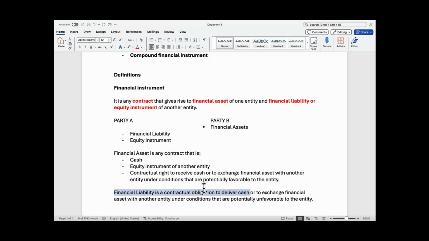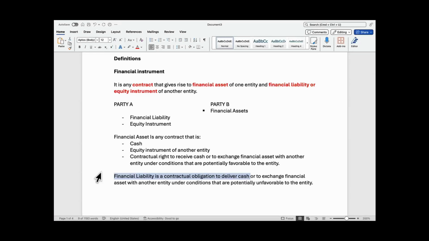And like I told you, this financial liability will arise anytime an entity issues a debt instrument. You automatically have financial liability when you issue a debt instrument, when you are borrowing money. Financial asset is when you are an investor.